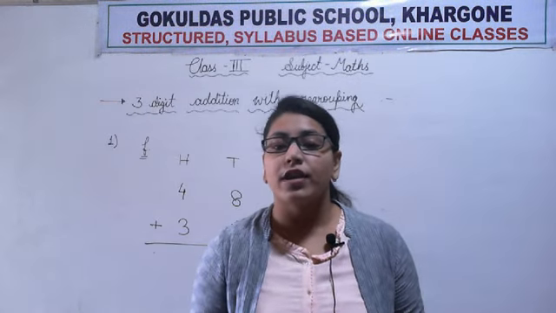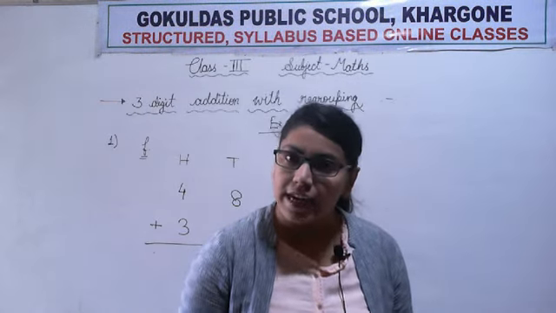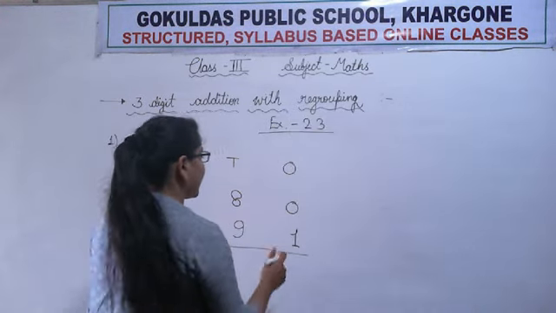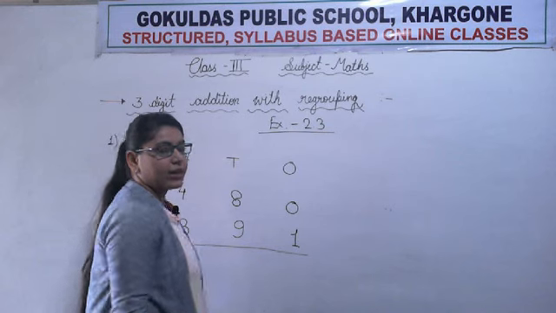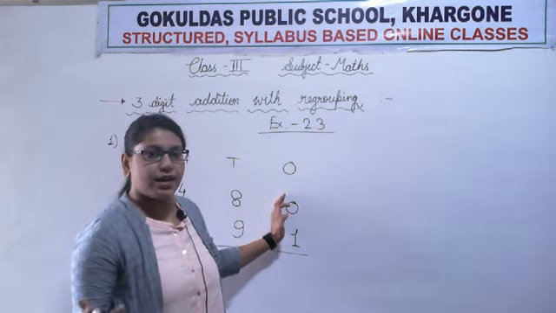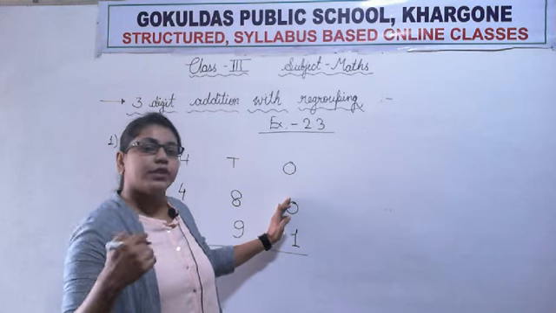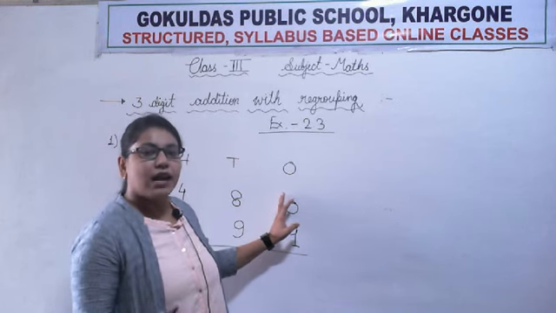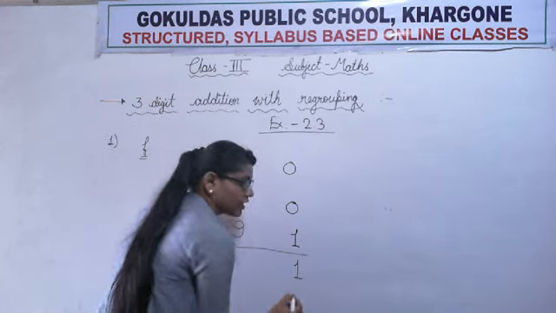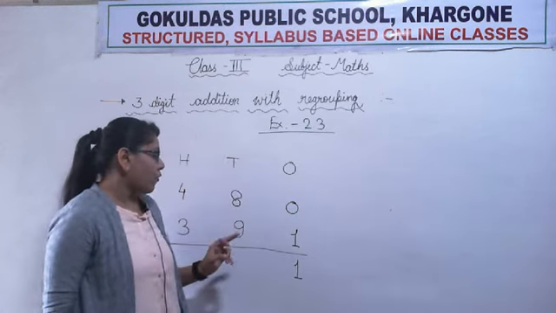Whenever 0 is added to a number or a number is added to 0, the answer will be the number itself. So here 0 and 1 is there, so we can apply the 0 property here. Whenever a number is added to 0 or 0 is added to a number, the answer will remain the number itself. So here the number is 1, so we will write 1.